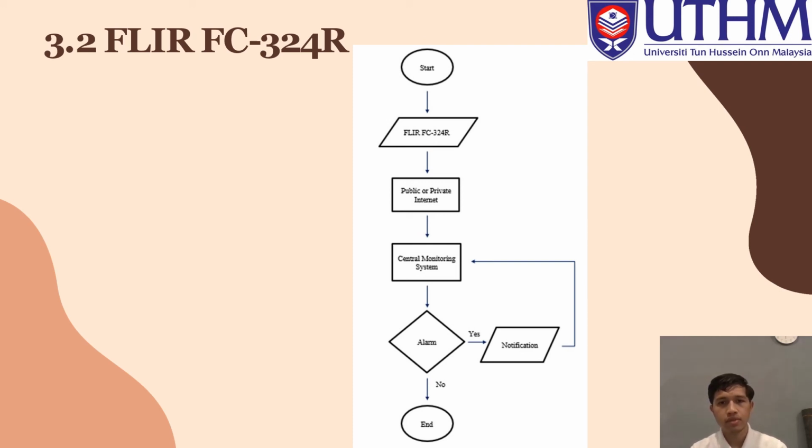From this flowchart, we begin from the camera. FLIR FC324R is the camera that we use for this project. FLIR FC324R is a camera like CCTV that will monitor the transformer 24 hours, 7 days. And the data will be sent through the public or private internet to the central monitoring system.